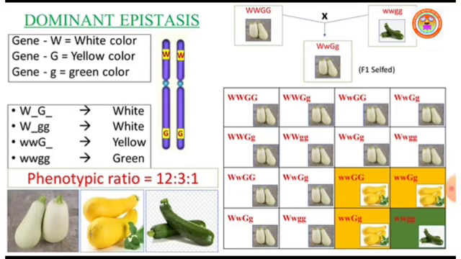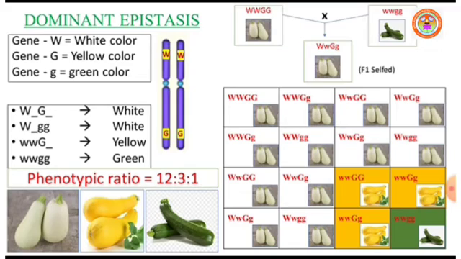In another locus, the hypostatic allele capital G is present. The hypostatic allele G will not produce the yellow color if the epistatic gene W is present.